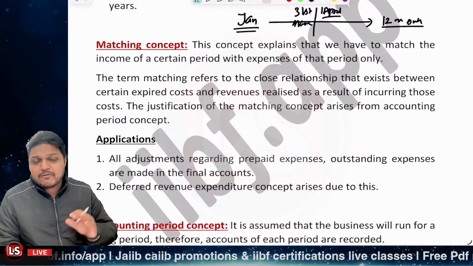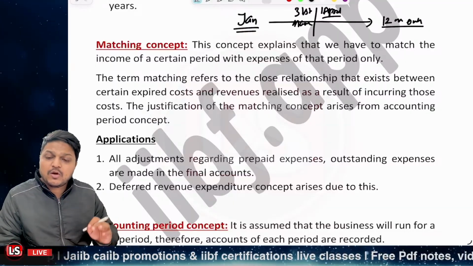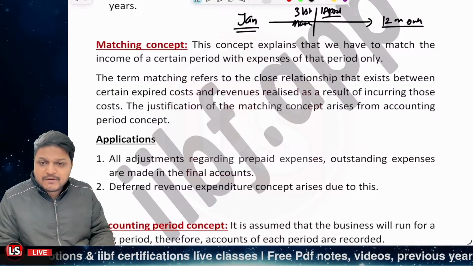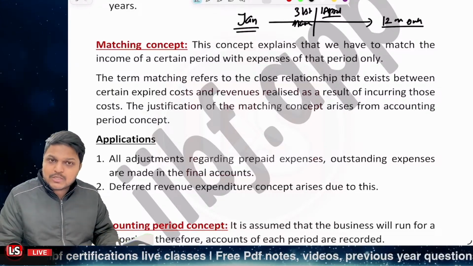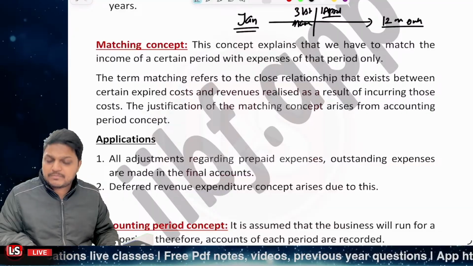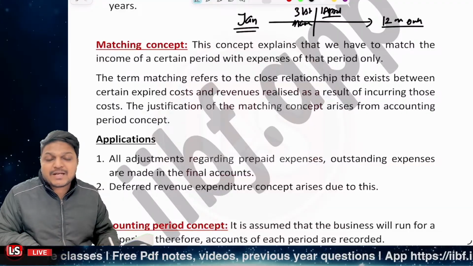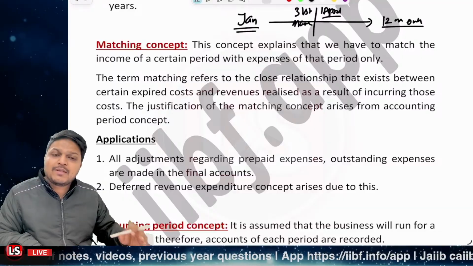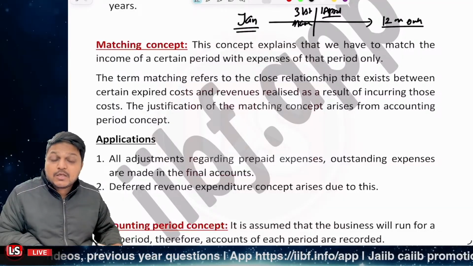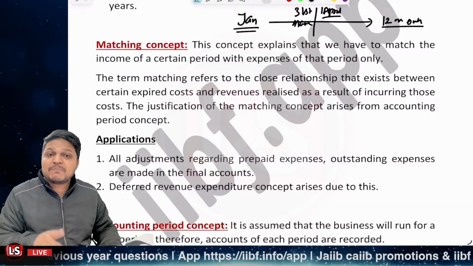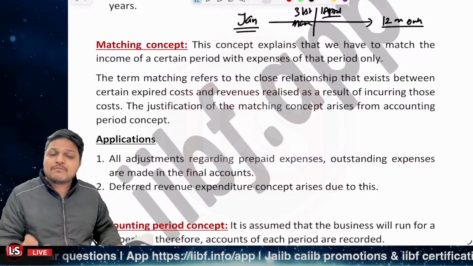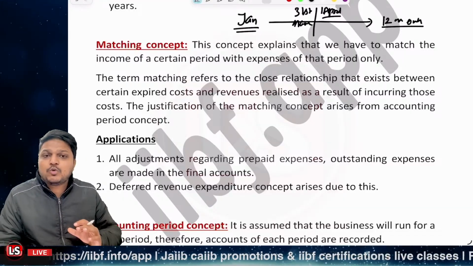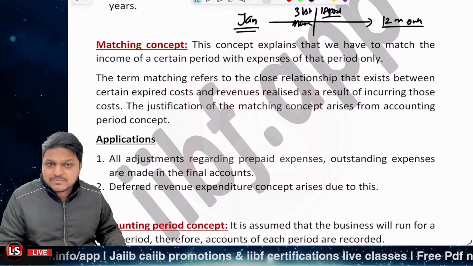Now, I have paid the whole rent of 12 months in advance. Here, the 3 months, January, February, March, belong to this current financial year. And starting from April till December, there are 9 months which belong to the next financial year. Now, I should be matching the expenses to the particular financial years only so that I can have a clear picture of profit and loss.